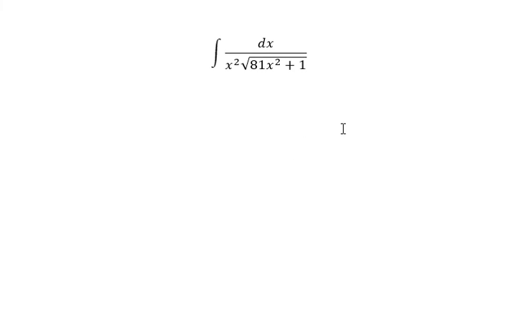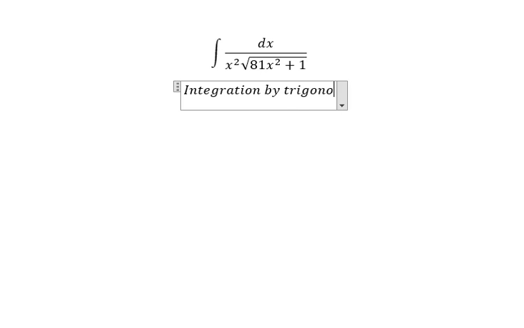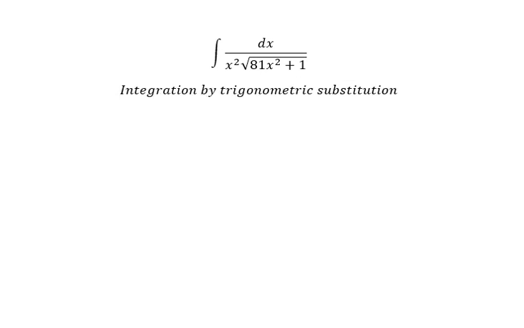Now let's go to the last one. We need to use integration by trigonometric substitution. So I will put x equals 1 over 9 tan t, because if I put this in here, you get 1 over 81 tan squared t. The 81 we cancel.